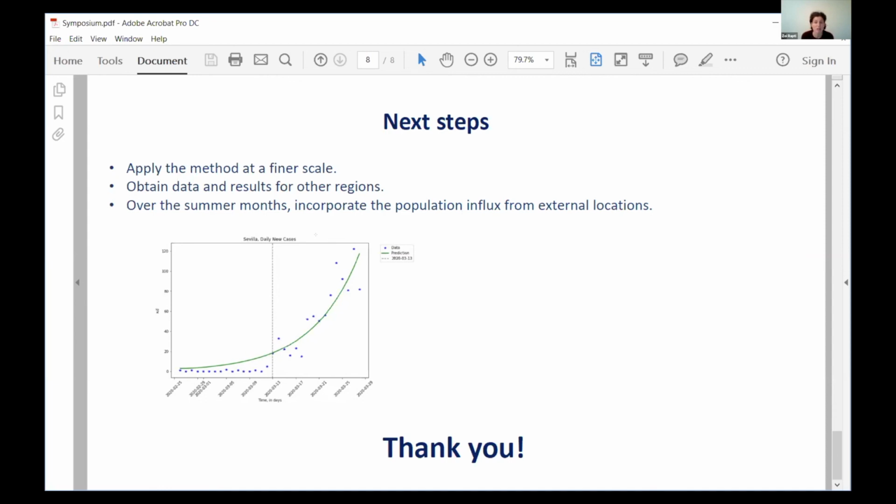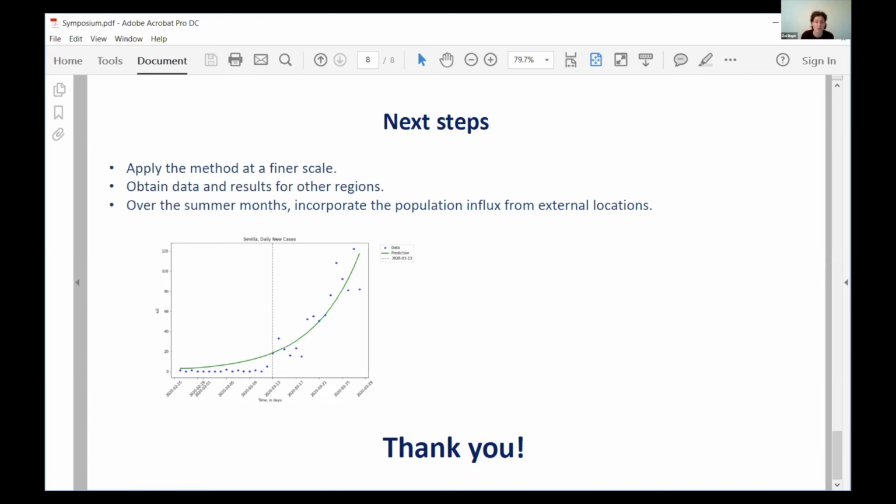And finally, over the summer months, Spain and Andalusia had a large influx of tourists. This cannot be considered as movements within the community. So that's why we plan to incorporate population influx from external locations.